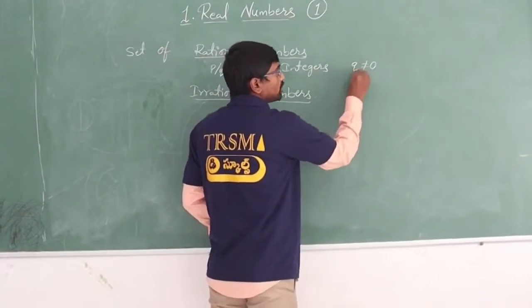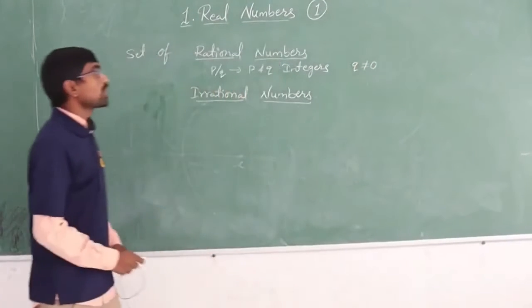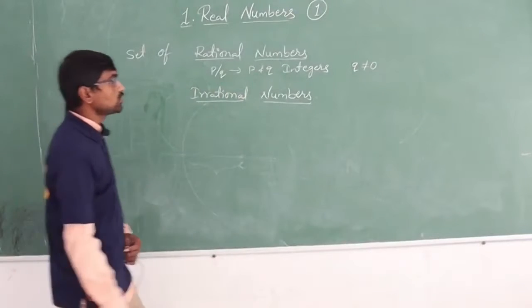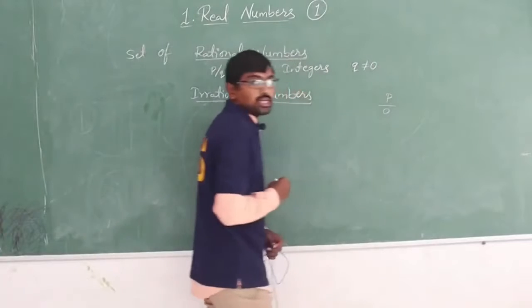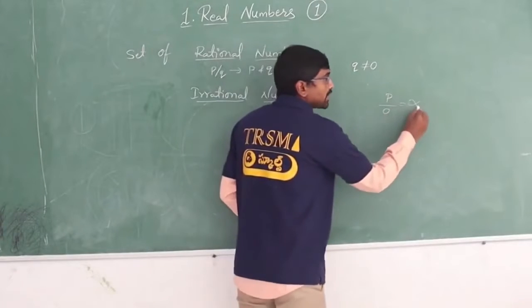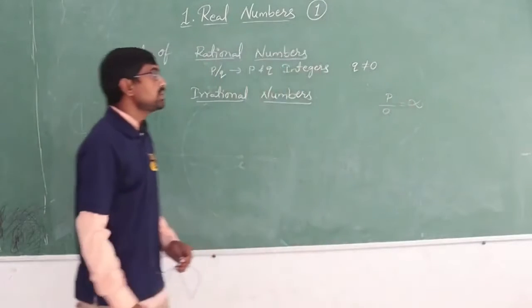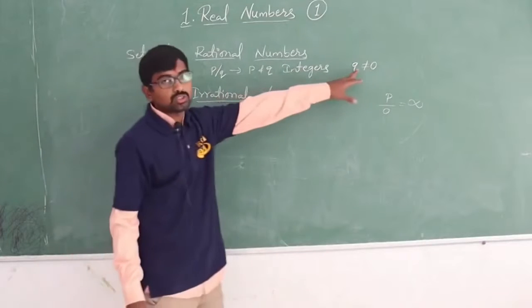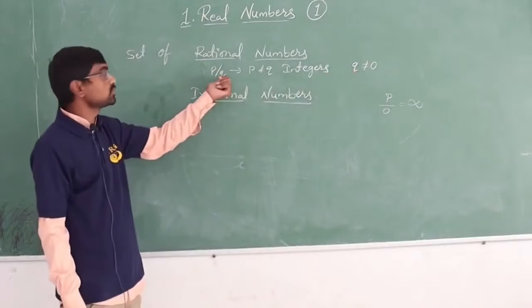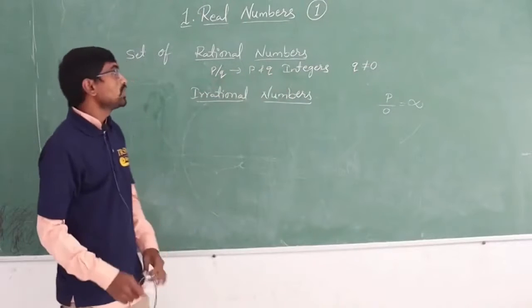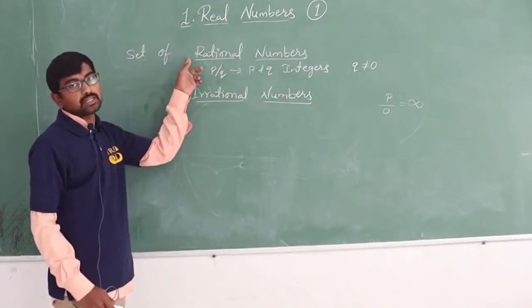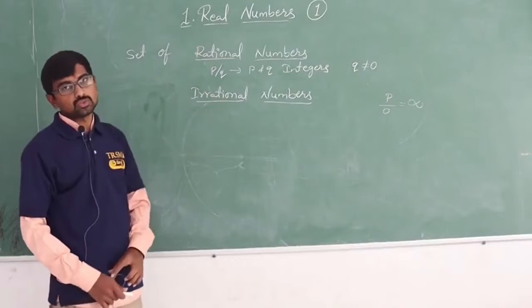What happens if the q value is 0? If we write p divided by 0, it becomes an infinite value. So the denominator should not be equal to 0, and p and q should be integers. It means that rational numbers can also be negative values.